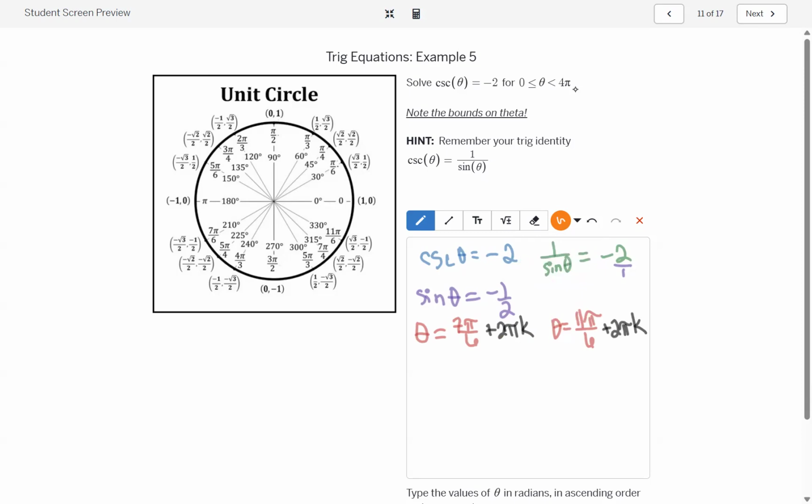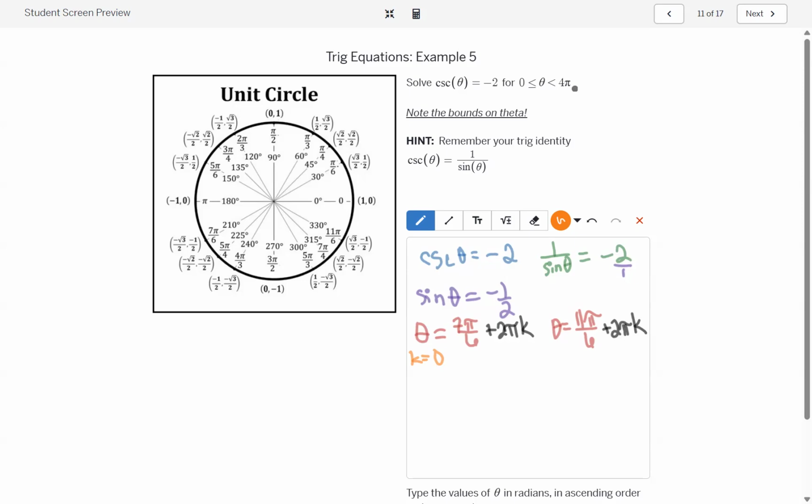So 7 pi over 6 and 11 pi over 6 are the first two numbers in my answer. But those numbers are coming from the part of the list where the k value is 0. So k here can be any integer. So 0 is our most basic right in the middle integer.